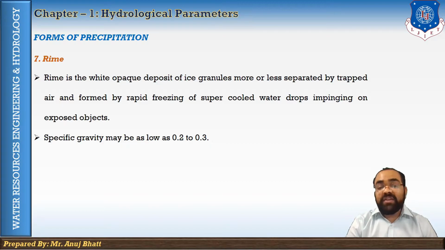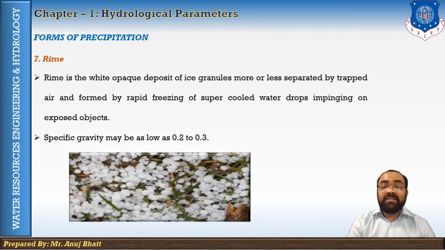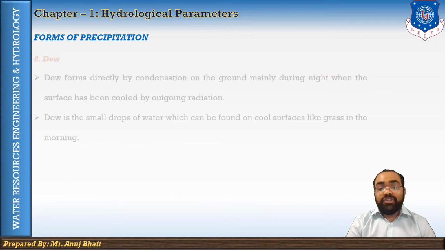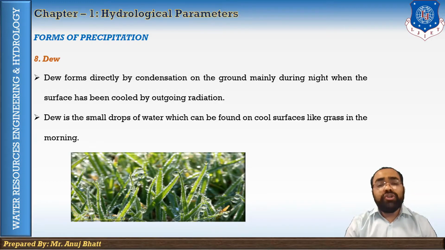Well, the specific gravity of rime may be as low as 0.2 to 0.3, and rime looks like particles, or we can say ice granules. Okay, the next form is dew, which we have all observed.